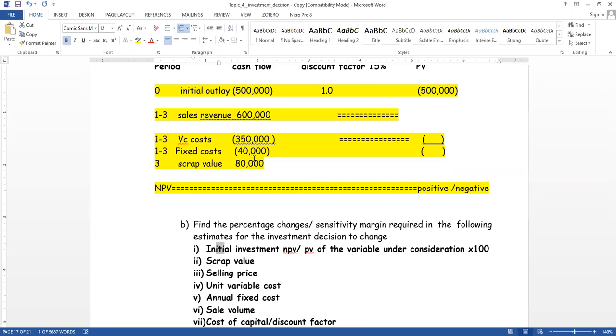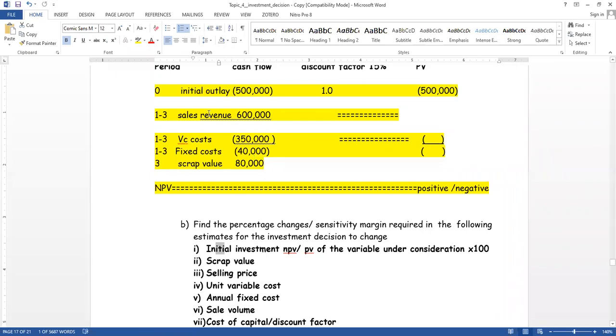It's going to change from accept to reject. Except if you find that if my initial investment increases, my sales revenue increases, and maybe the other costs reduce. That's when my decision may not change. But should the initial investment increase, then your decision will change.